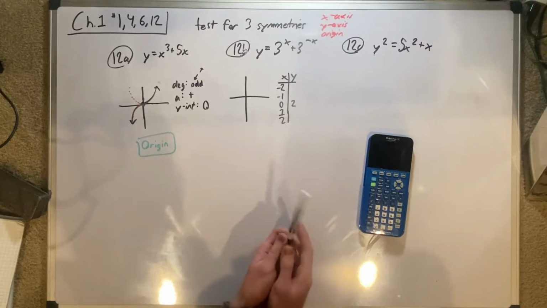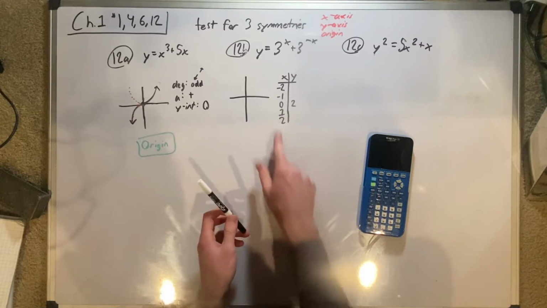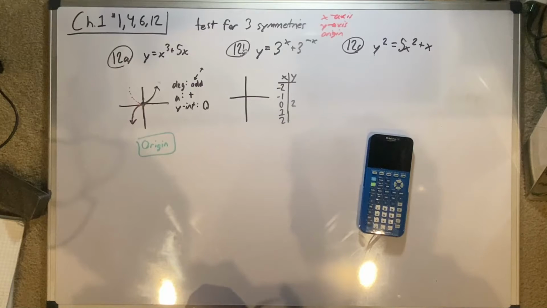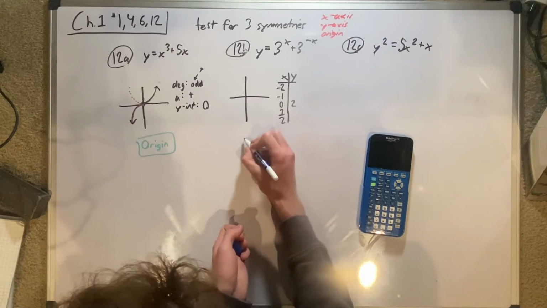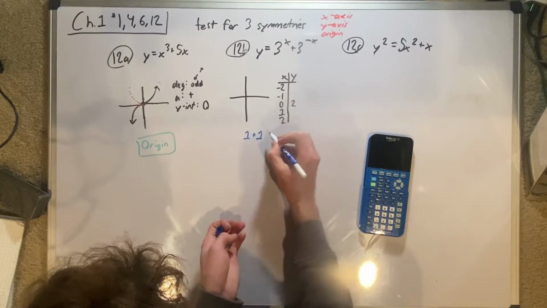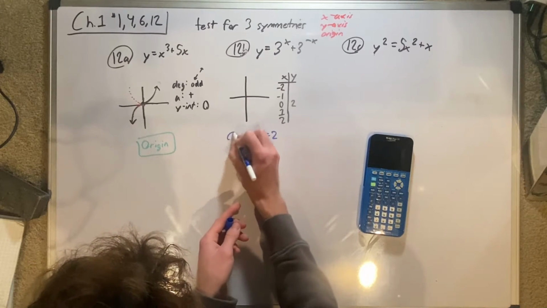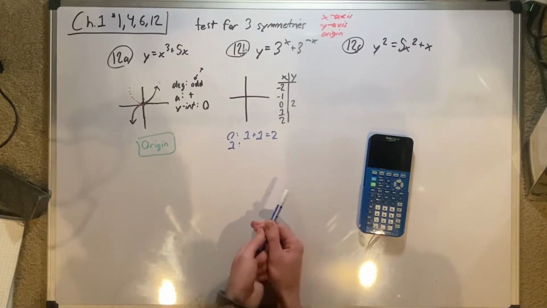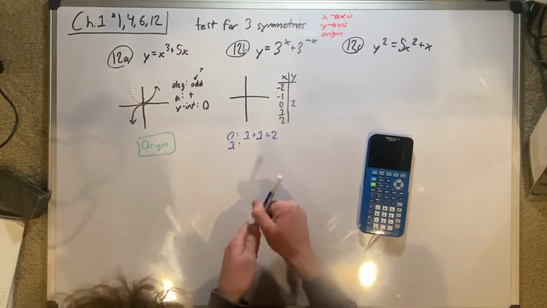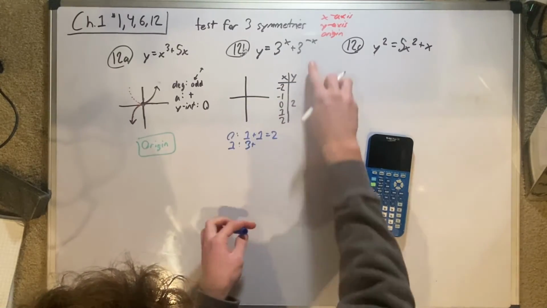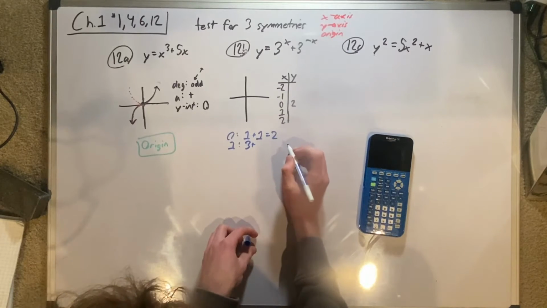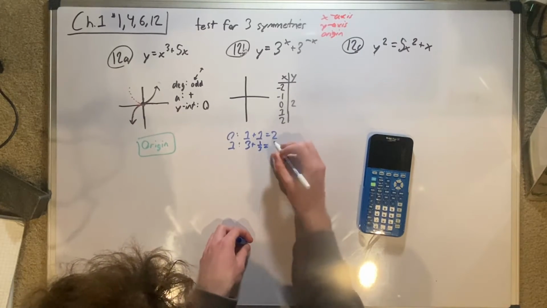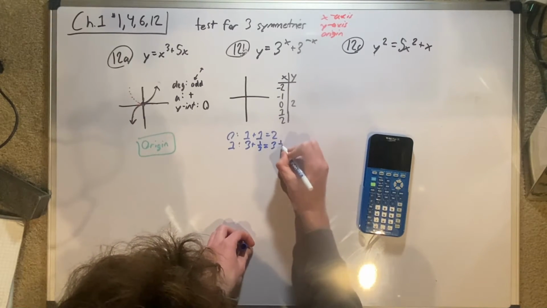Okay, so this starts at 2. Now 3 to the -1 is 1/3. For 1, that's 3 plus 1/3, which is 3 1/3.